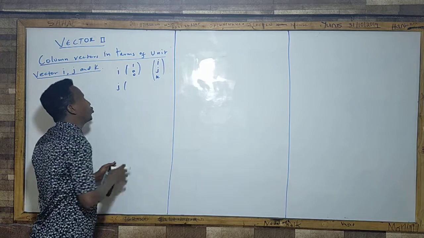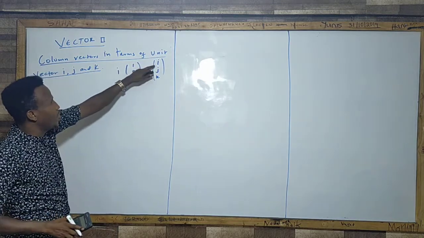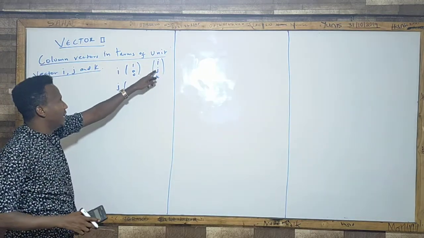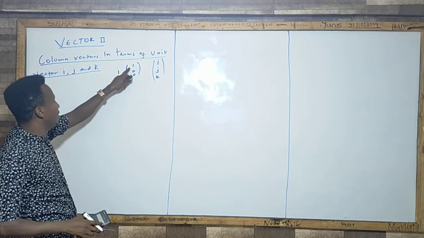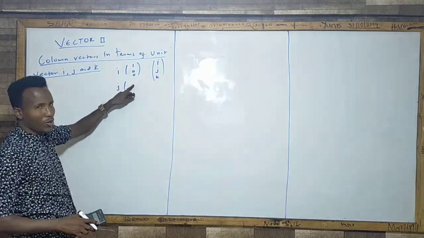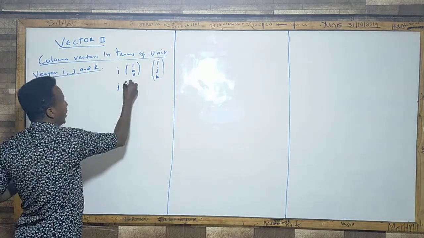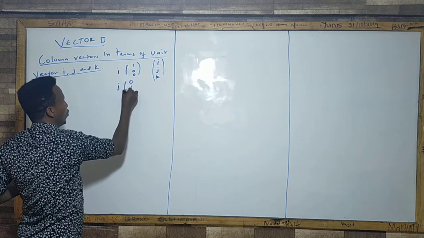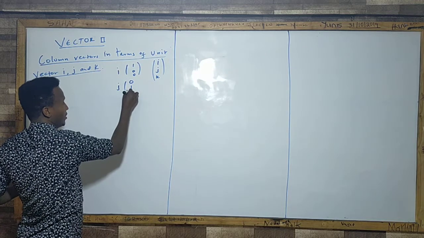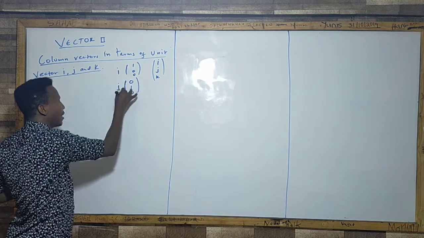So when you want to talk about I, the I will be 1, and J and K you will replace with 0. So I will take this form, 1, 0, 0. Then for J, this time I and K will be zeros: 0, 1, 0. So J will have a value of 1.